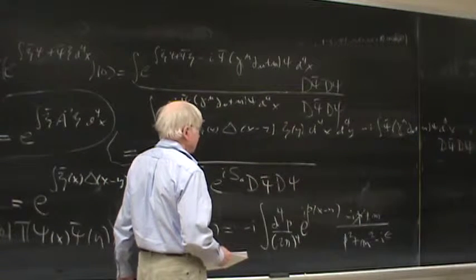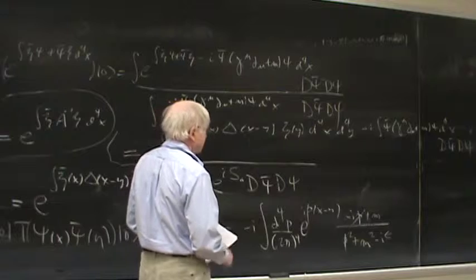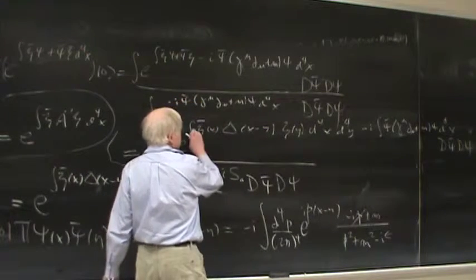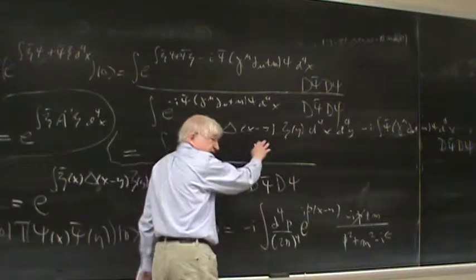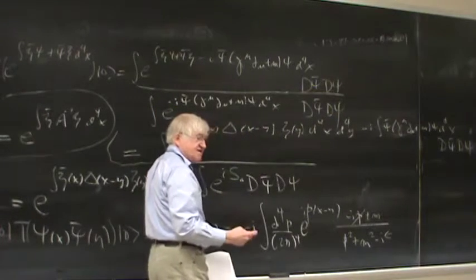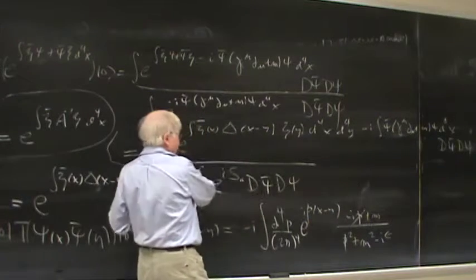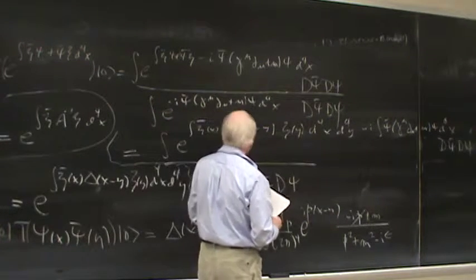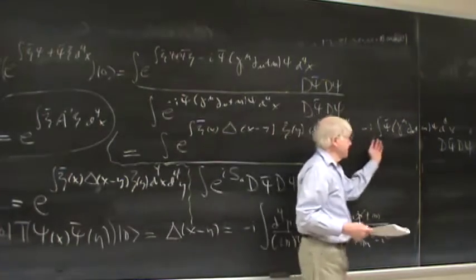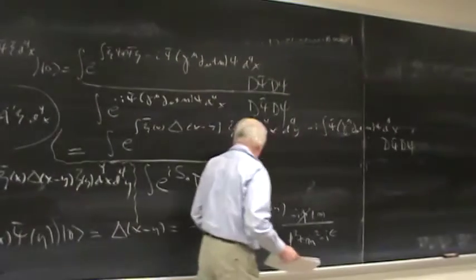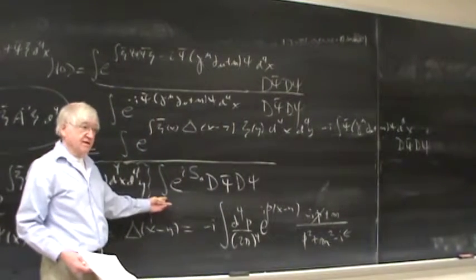So how can you cancel that? Well, this thing, e to this Grassmann expression integrated, is simply a Grassmann number. So you factor it out, and what you have left is integral e to the minus i, all this stuff, d psi bar d psi, and that's exactly the same as the denominator.